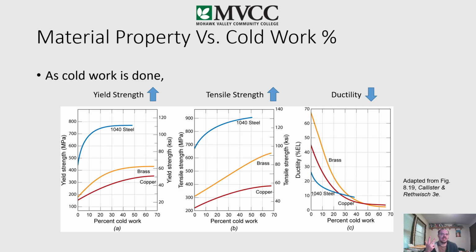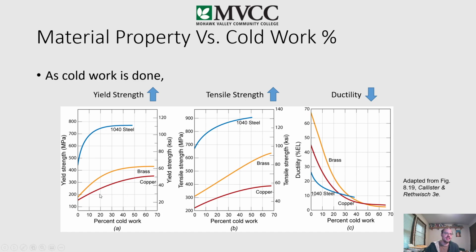So we actually get to see all three of these properties with a tensile test, which is why they're so readily used out in industry for getting those properties, actually understanding them and knowing what they are. So we have yield strength. Tensile strength is the ultimate strength that it's able to hold, and then the ductility is how much it's actually able to stretch before you hit that plastic deformation.